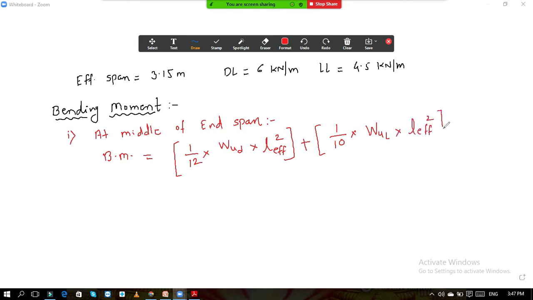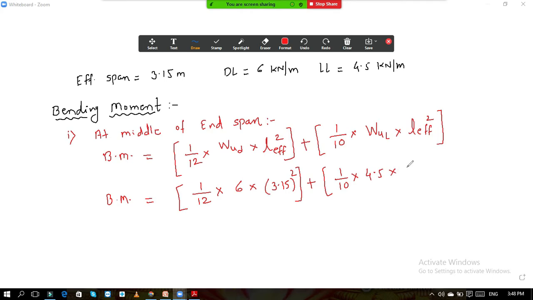When I put the values it will be more clear. Bending moment, according to IS code, this coefficient is 1 by 12 multiplied by dead load. We have calculated dead load as 6 into L effective, L effective is 3.15, square, plus 1 by 10 into live load 4.5 into L effective, again 3.15 square.